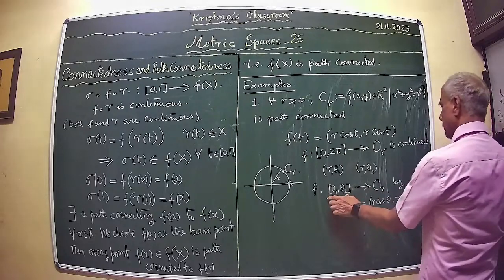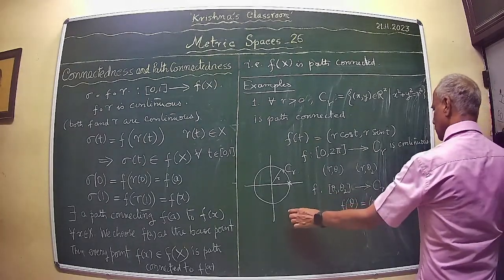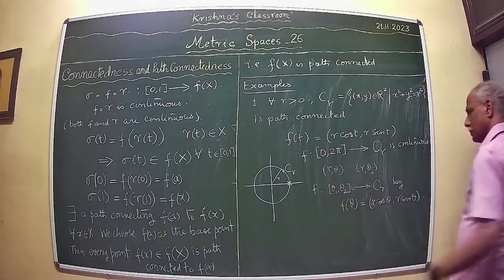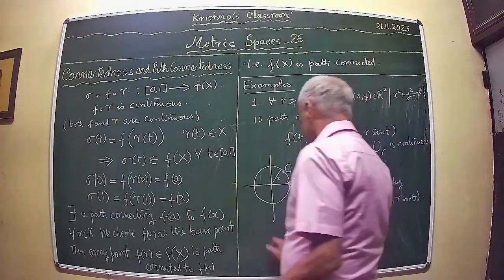Going from theta 1 to theta 2 to change over from this to 0 to 1 is a very simple work. Okay, so that I leave.